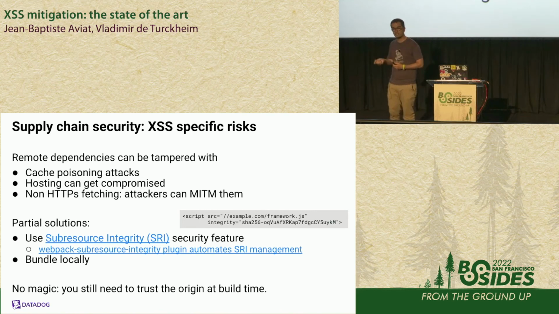And so you have some partial solutions using, for instance, Subresource Integrity, SRI, that will allow you to add the hash of a dependency within the script tags that are requiring it. That can be automated using, for instance, Webpack. Another option would be to bundle locally. In that case, obviously, it's not magic, because if the hosting has been compromised before you fetch it yourself, then you will still be screwed.